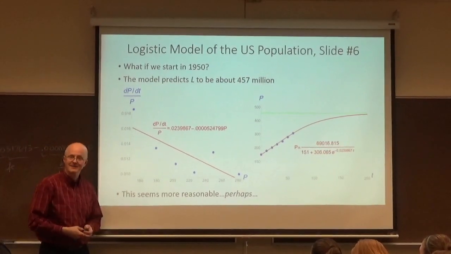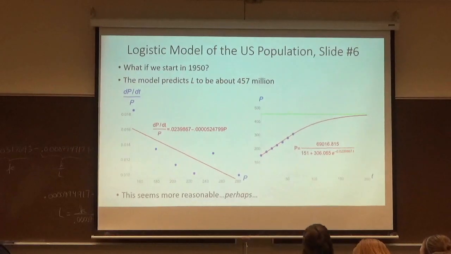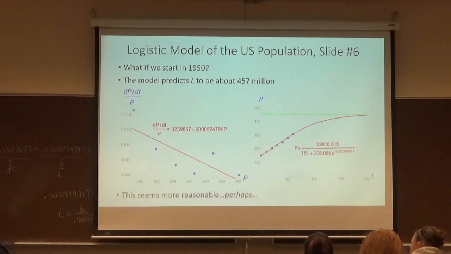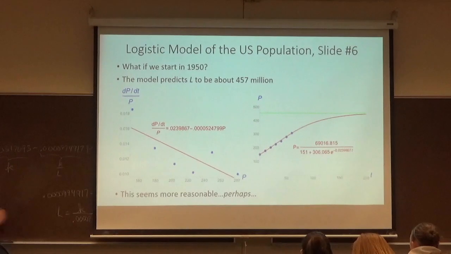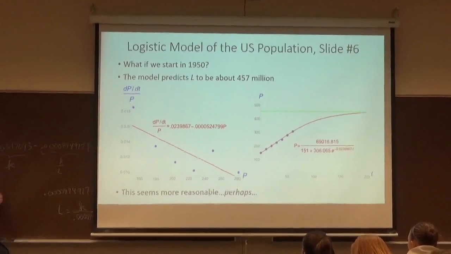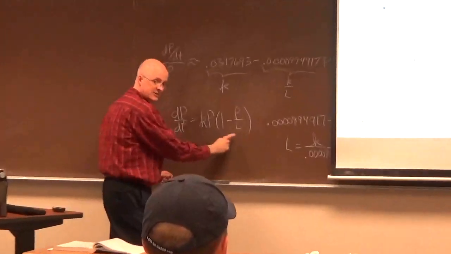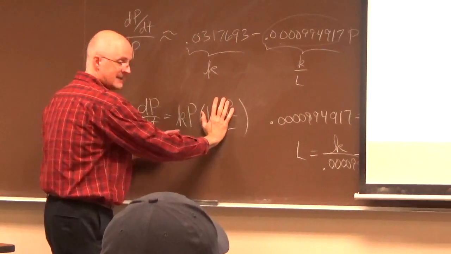What should you know about this? You should certainly be able to work with the logistic model in terms of just understanding what I've told you about it as far as the growth rates initially. When p is small, this is close to 1, and so it acts like an exponential growth.